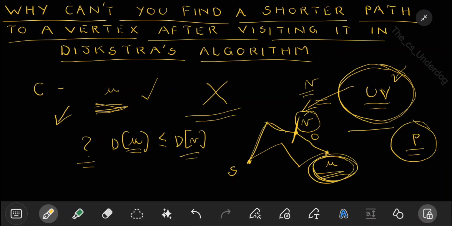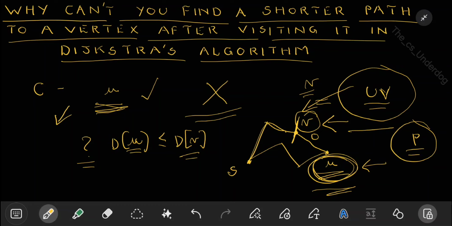You should have picked V instead, because V is in the unvisited set and V has a shorter distance from the source vertex than U. Then how can you select U? That selection itself is wrong, which means this contradicts the fact that U was already the smallest unvisited node.